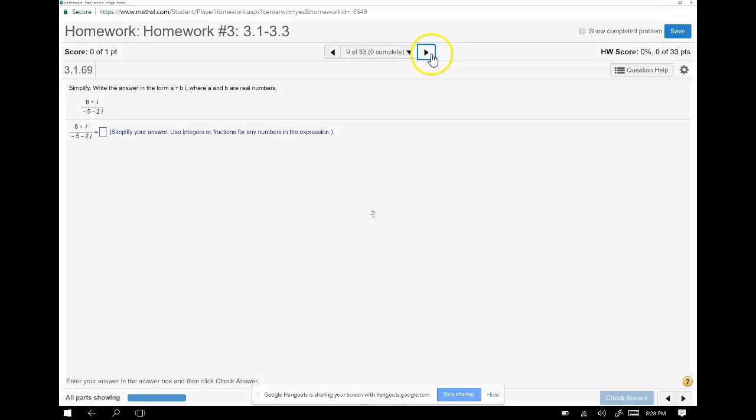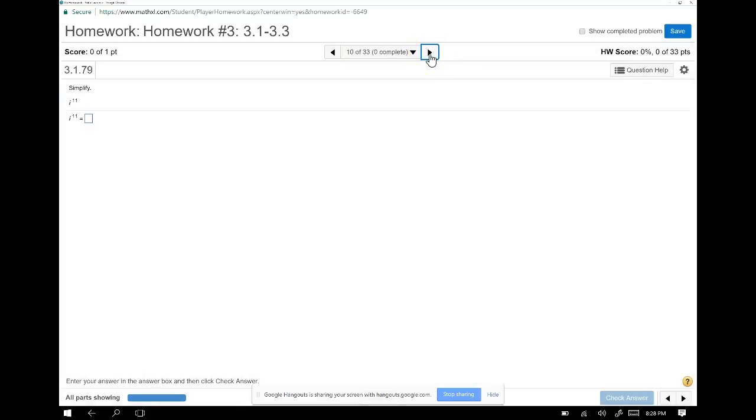The next group of questions in homework number 3 has to do with solving quadratic equations, which is section 3.2. And there are 4 different ways to solve quadratic equations.